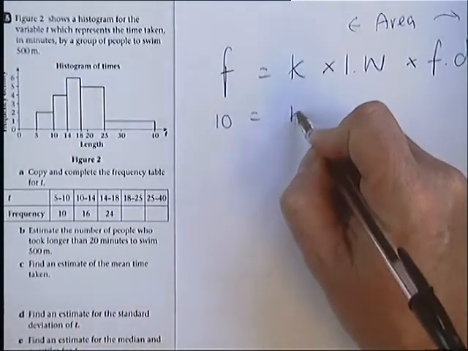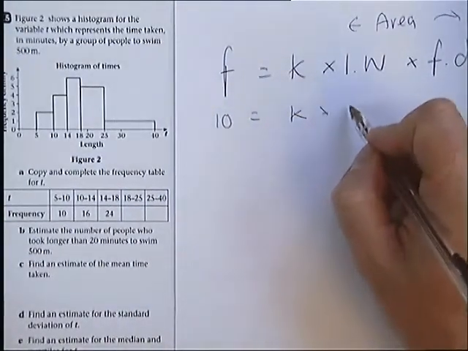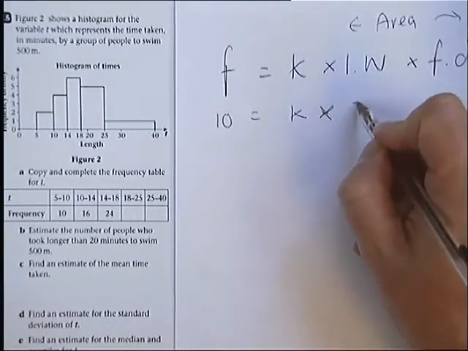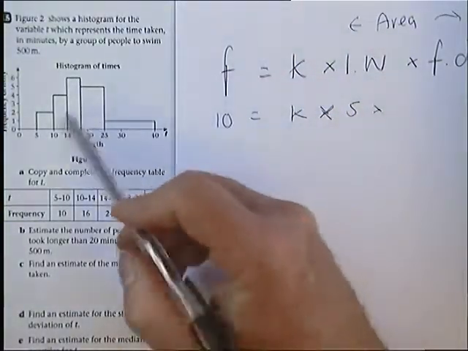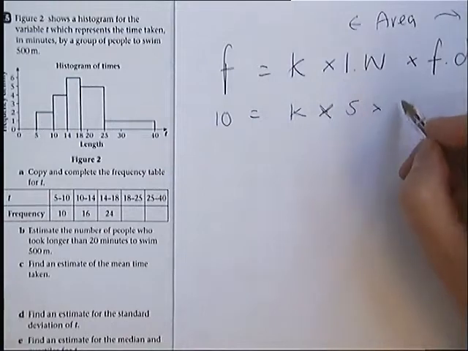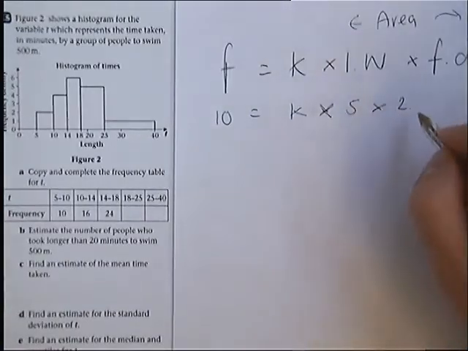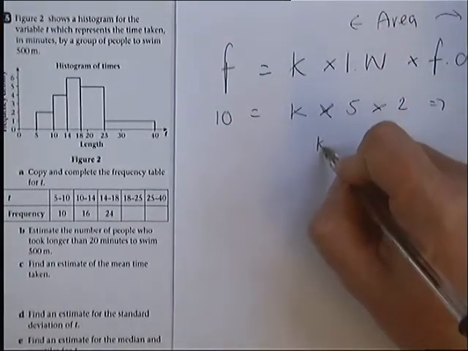We're not sure what k is at the moment, so we'll leave that. The interval width from 5 to 10 is 5, and the frequency density, if we look across here, is 2. So 10 equals k times 5 times 2, and so k therefore equals 1.